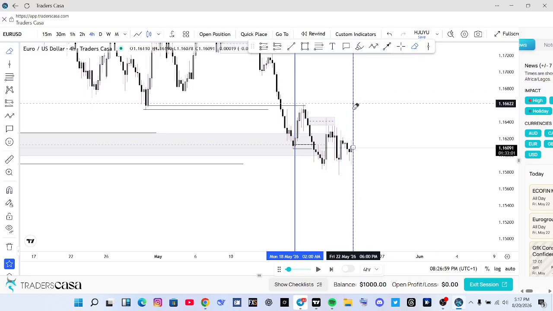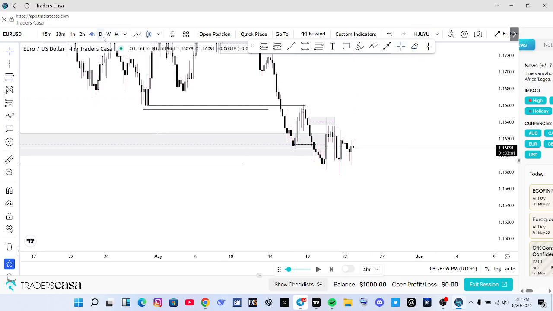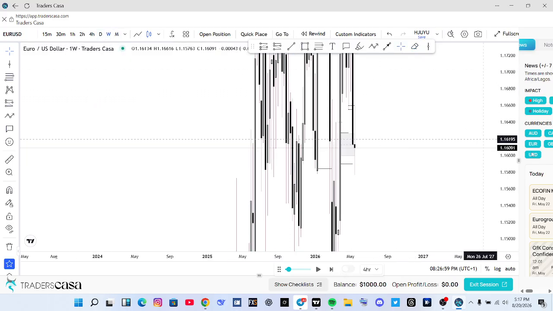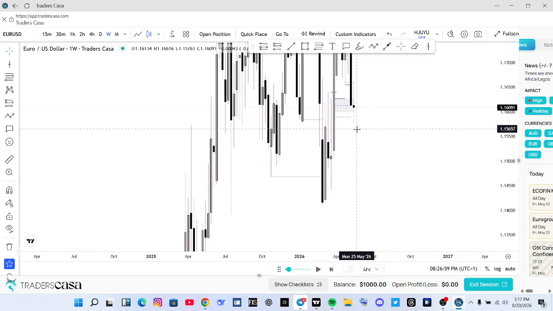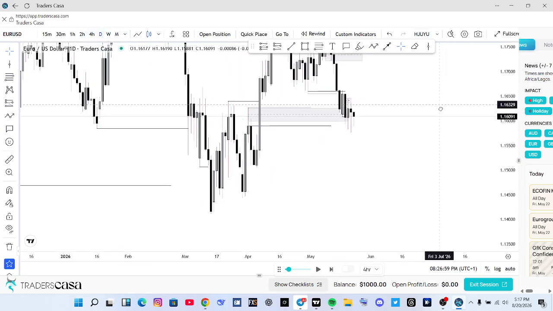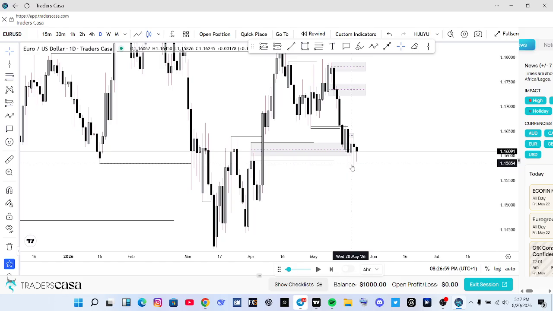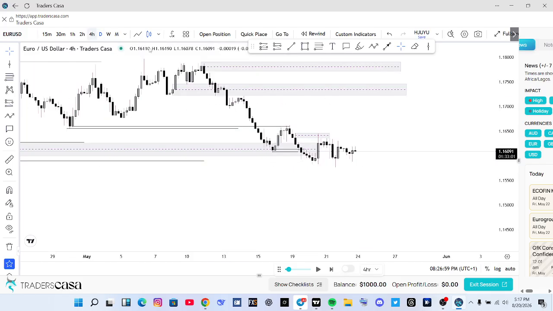Let me remove this and let's see more examples. Let's go back to the weekly time frame. This is this week, and this one is last week, and on the daily time frame, you see price is a bit choppy. Let's see 4 hours.